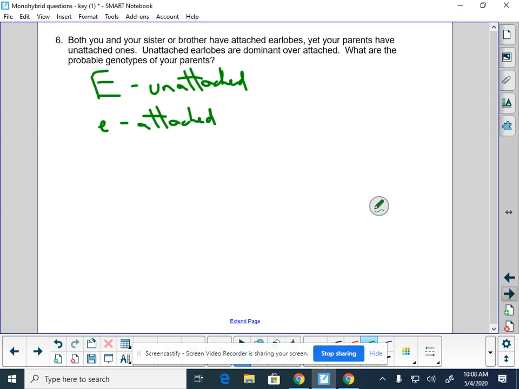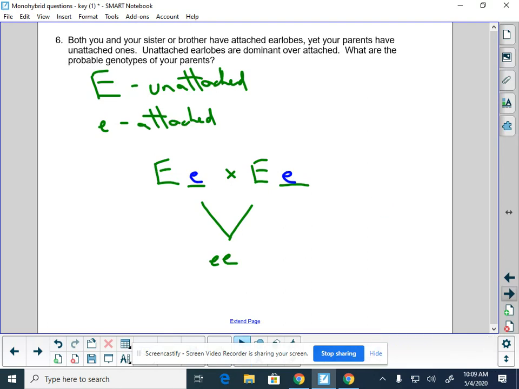It says the parents have unattached earlobes, so we know the parents must have at least one capital letter each. And it says all the kids have attached earlobes, which means they're lowercase e. The parents, therefore, must be heterozygous. In order to donate a lowercase e to their kids, they must have a lowercase e.